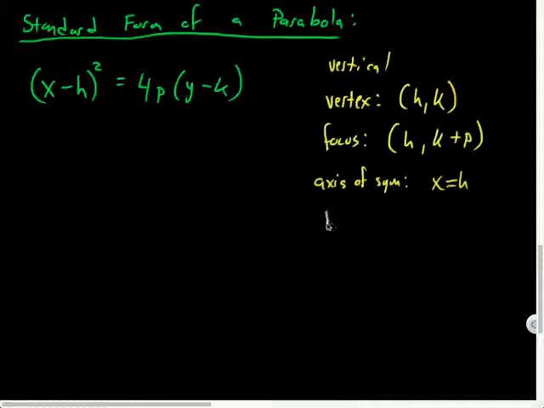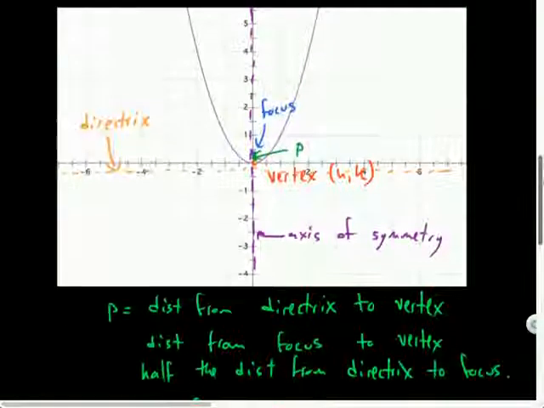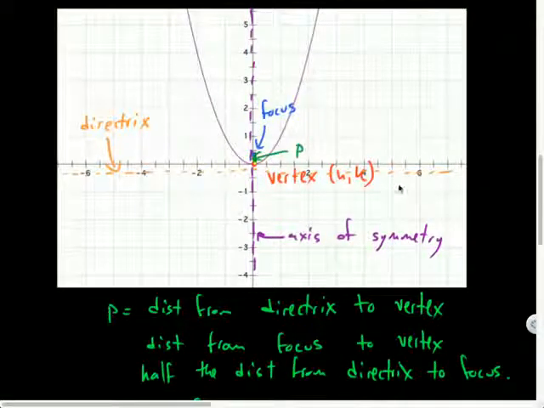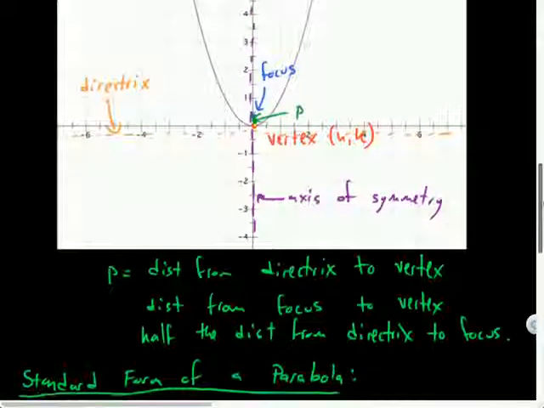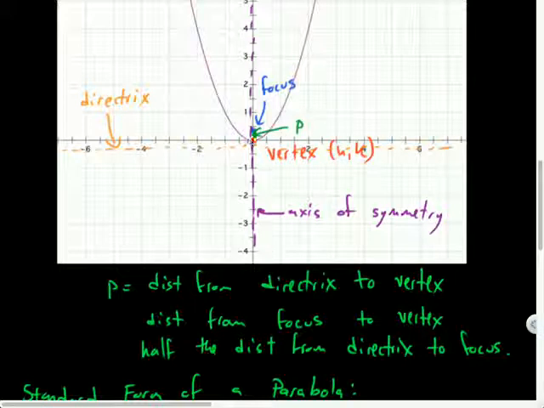Let's see, the directrix is the equation of a line. That's going to be a horizontal line, so that'll be y equals a number. How far is the directrix from the vertex? It's p units away.